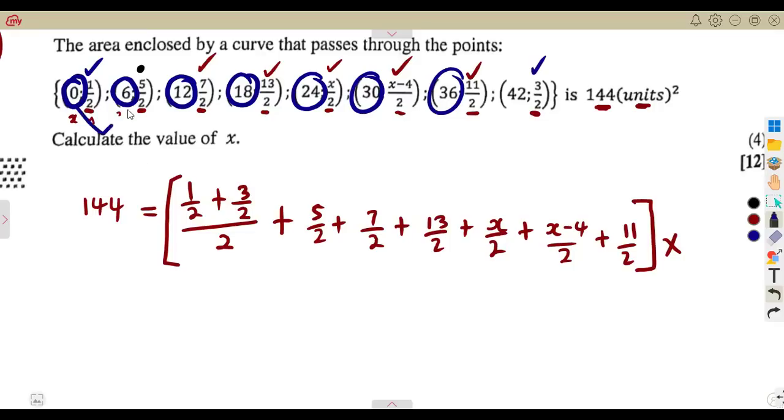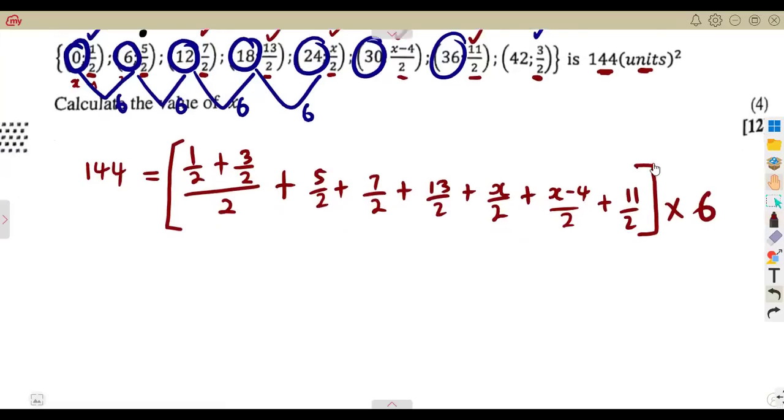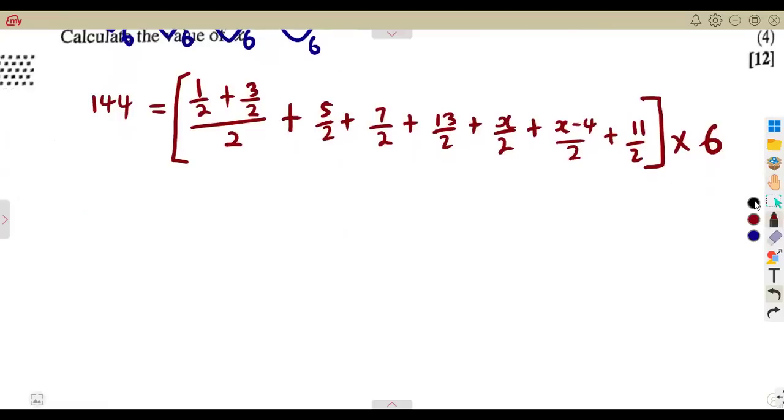There's a difference there of 6. The difference of 6 from the x values. That is the distance between the ordinates, 6. So as we can see, this is an equation that you are supposed to use to solve for x.